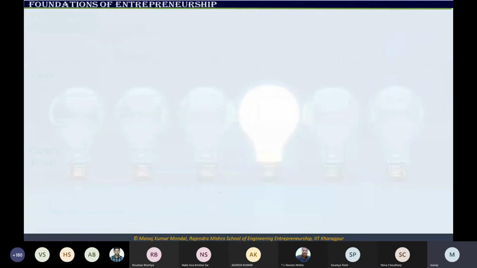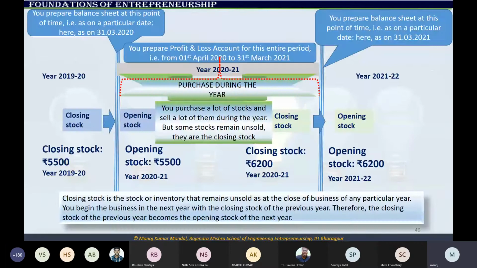And I also said this is very important, that a balance sheet pertains to a certain date, say 31st March of a year. So you prepare a balance sheet at the beginning or at the end of the year. At the end of the previous year, you prepare one, at the end of the current year, you prepare another, and at the end of the next year, another.